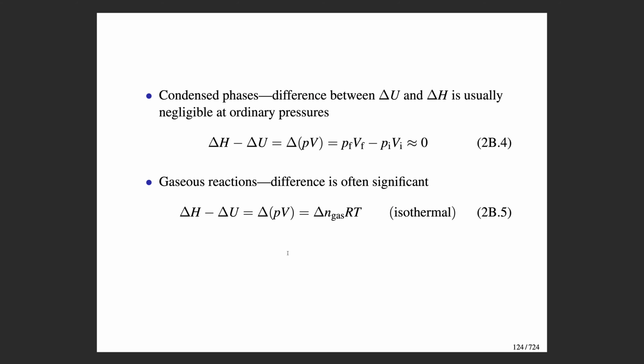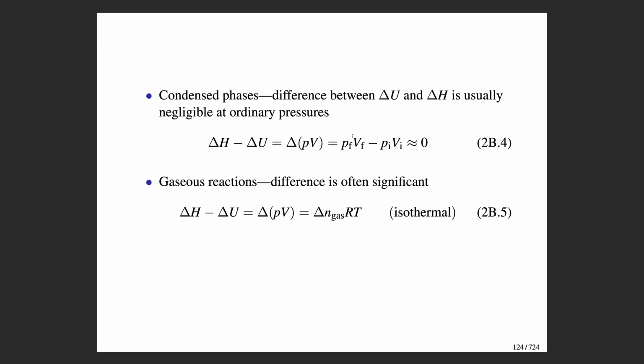Here we're looking at that finite enthalpy change in a little bit more detail. I've rearranged it a little bit, and we're considering two cases. In the case of the condensed phases, we're looking at the difference between delta H and delta U, so this delta PV term. And here I've expanded it as pressure final, volume final minus pressure initial, volume initial.